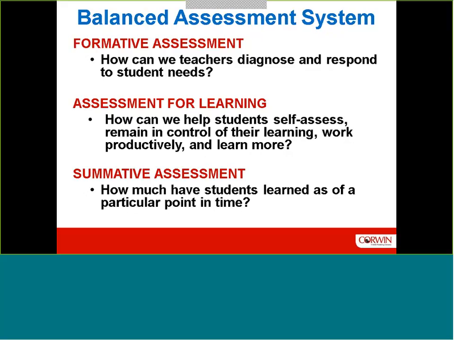Now, what I provided in advance was a handout that I hope you've been able to download that crosses these three levels of assessment, classroom, interim benchmark, and annual, with these three kinds of applications: formative, assessment for learning, and summative.